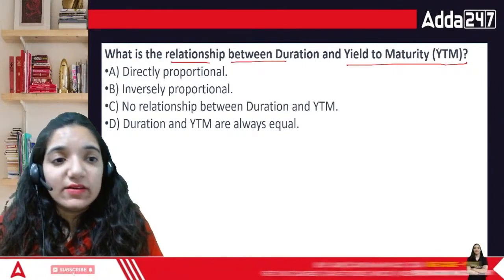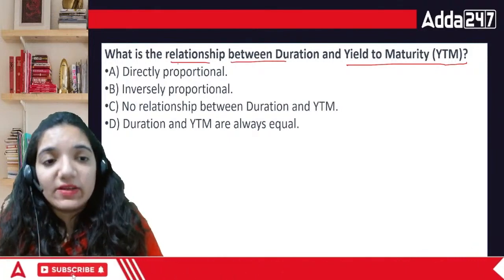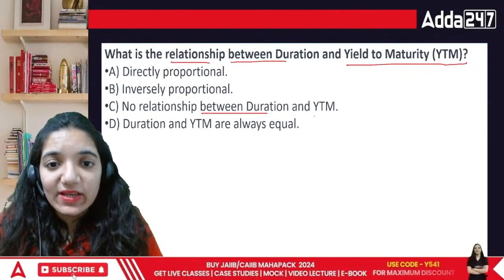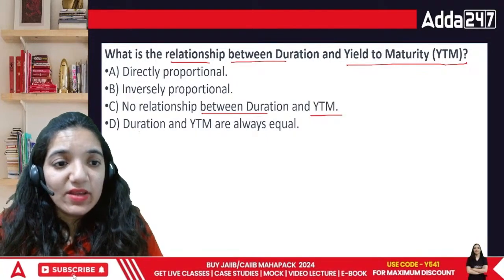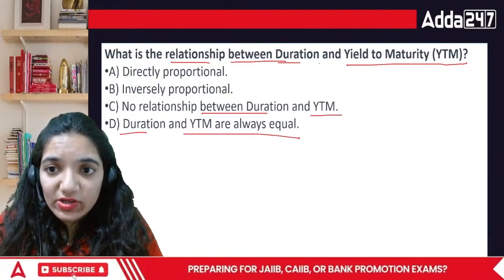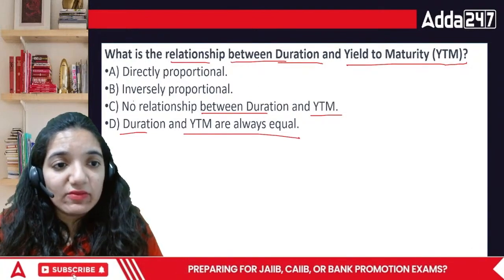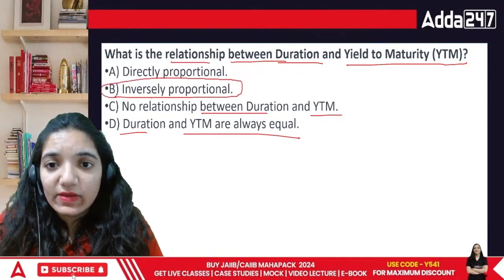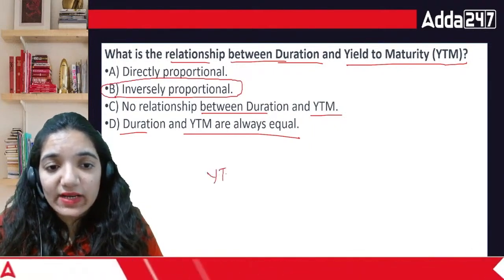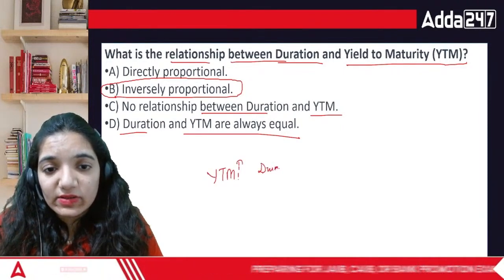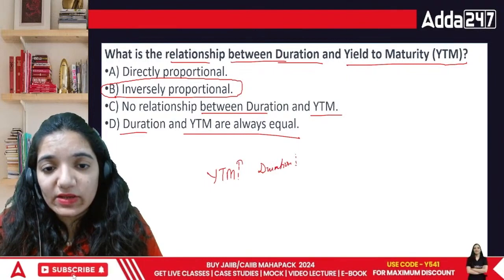They are directly proportional, inversely proportional, or no relationship between duration and YTM, or duration and YTM are always equal. In actual, duration and YTM are inversely proportional. That means if your YTM is increasing, your duration will be decreasing.